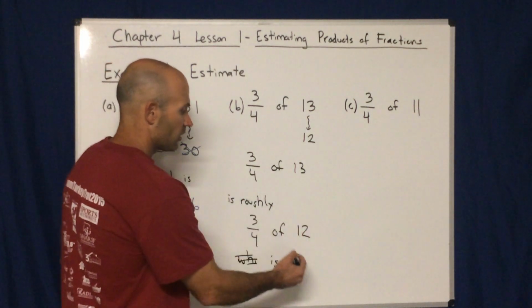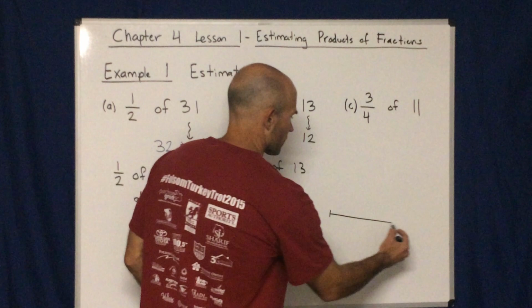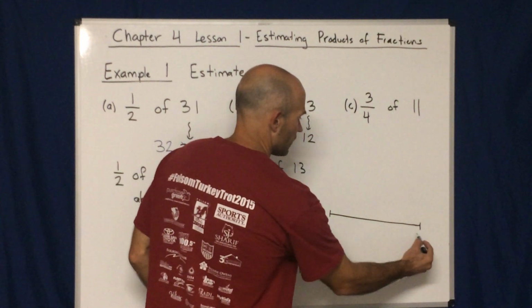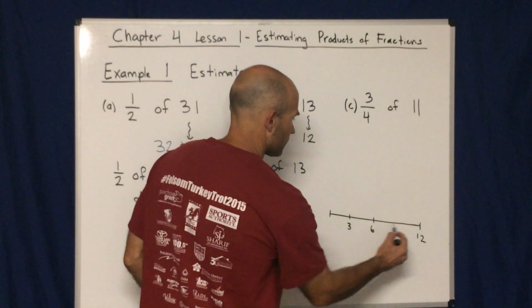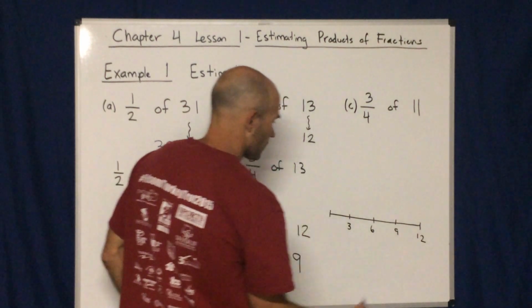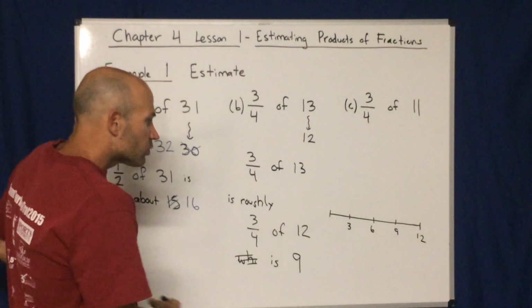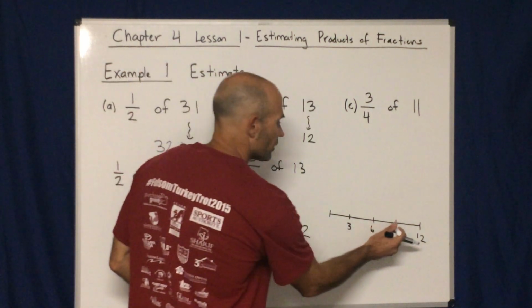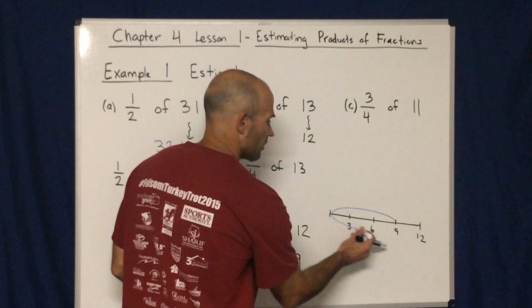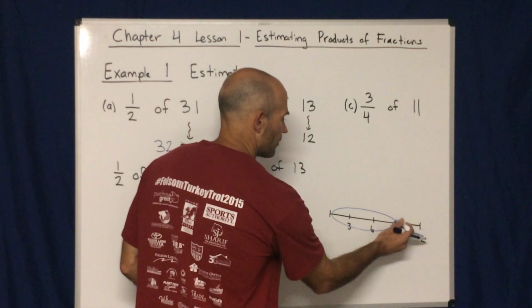If I think of a number line, and I have a 12 at the end, and then maybe 6 right here, and then 3, and then 9. What I'm saying is that 12 is divisible by 4, and when I take 3/4 of 12, I end up with the number 9.